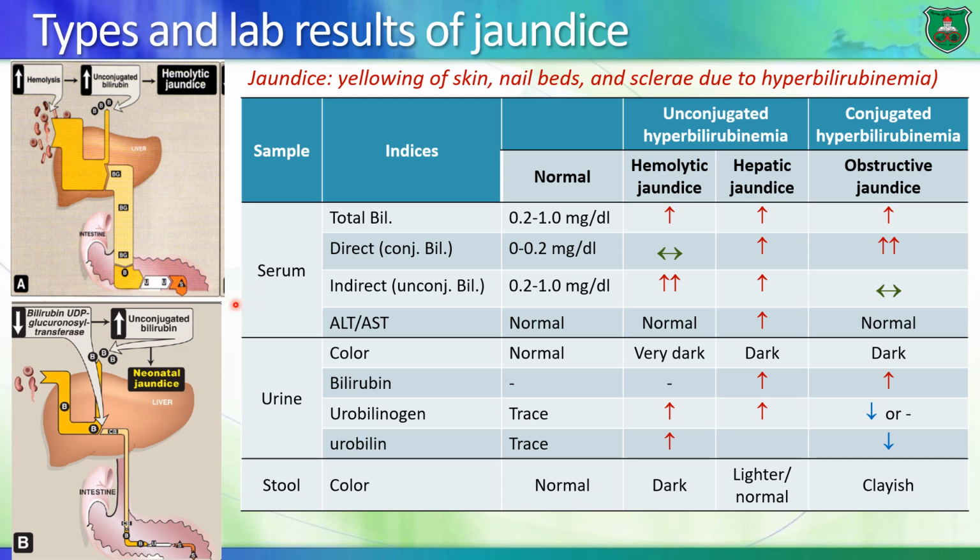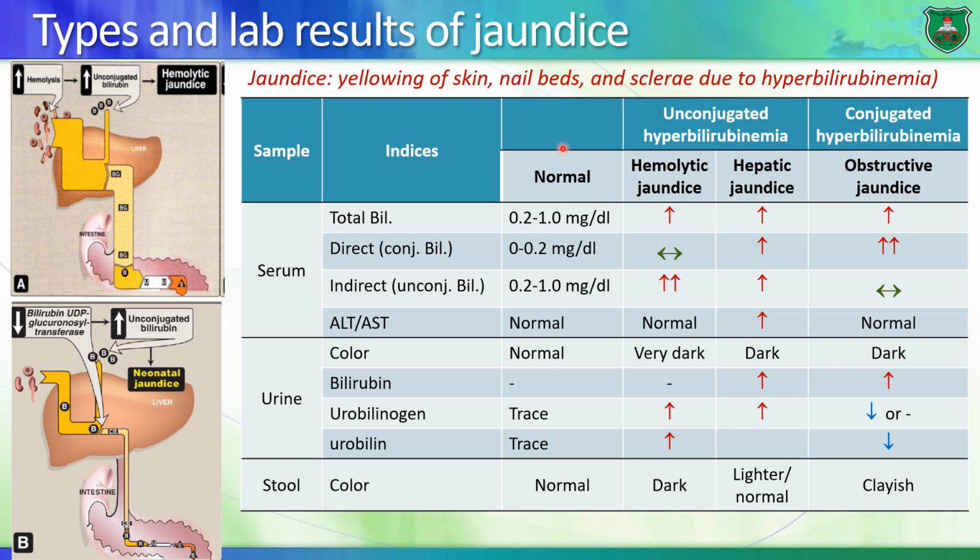Now, what characterizes people with hemolytic jaundice is that their stool would be very dark as a result of overproduction of stercobilin. But since the glucuronosyl transferase enzyme is overwhelmed with bilirubin, some bilirubin would leak out of the liver into the blood.